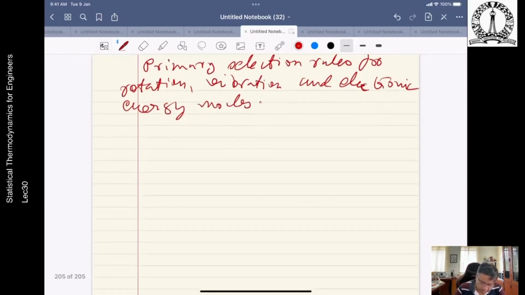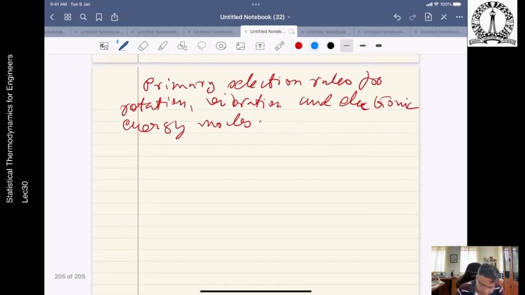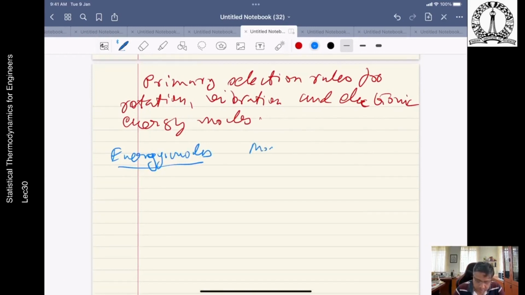So if we look at the table now, this is the energy modes, this is the model that correspondingly it does, and then the selection rules.